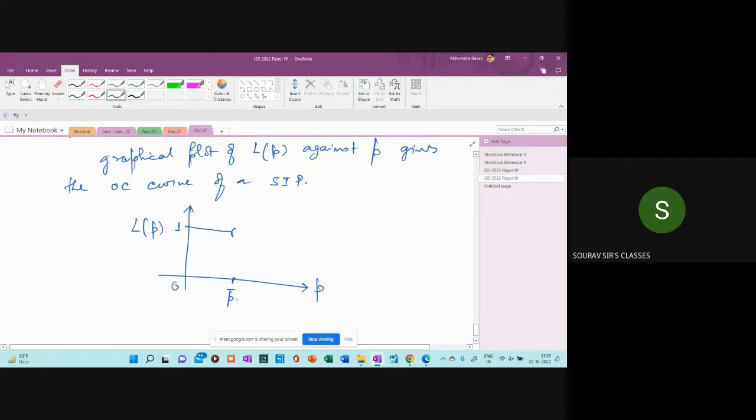So this is the ideal shape of an OC curve. At P bar, it will reach the max value 1. This is the operating characteristic function of a particular sampling inspection plan. Is this clear? Yes, ma'am.